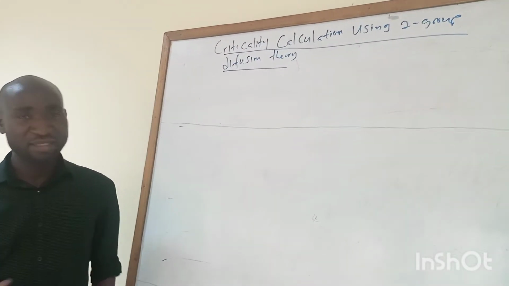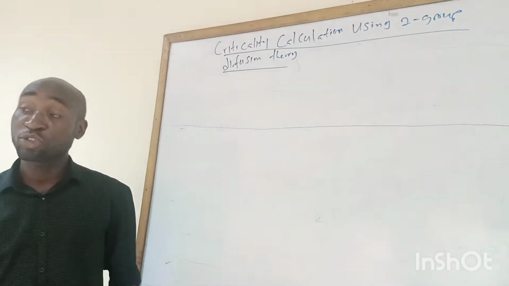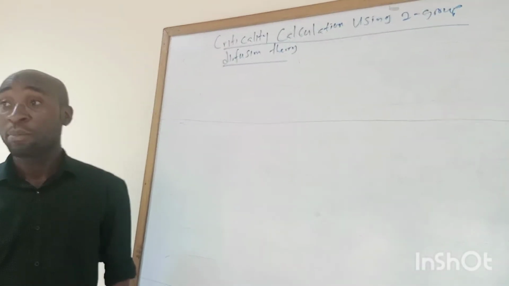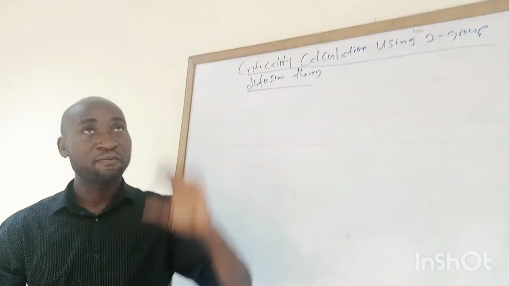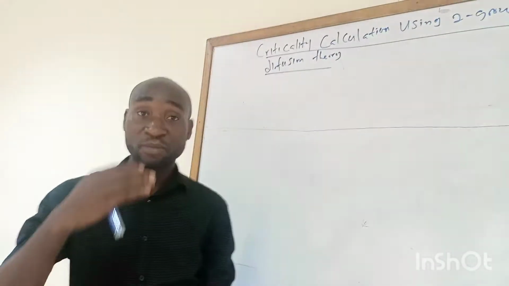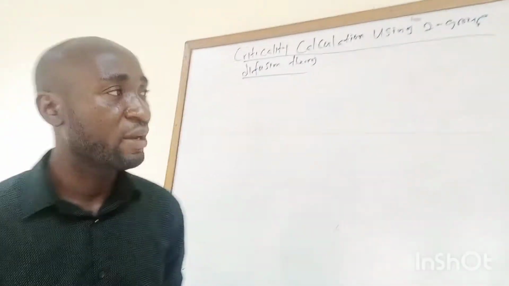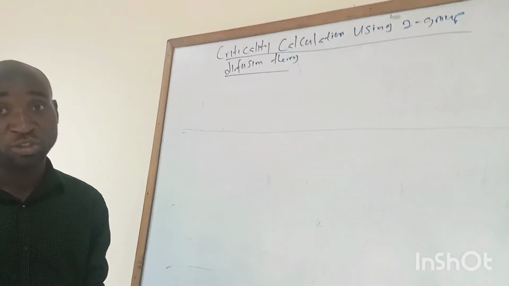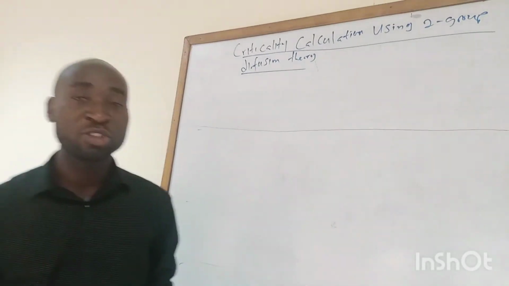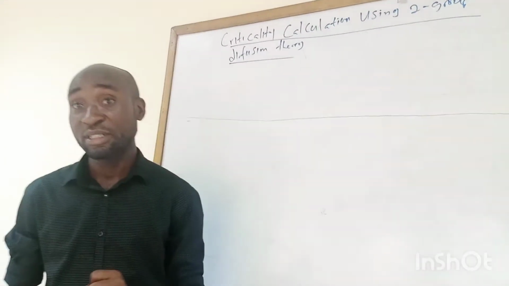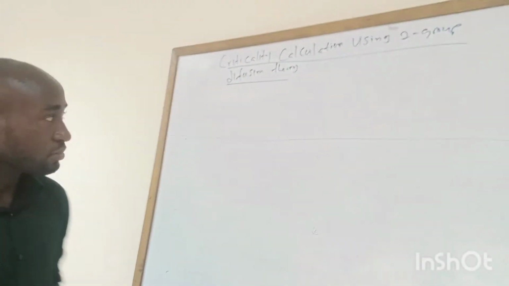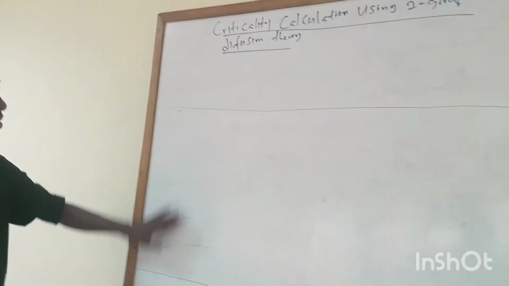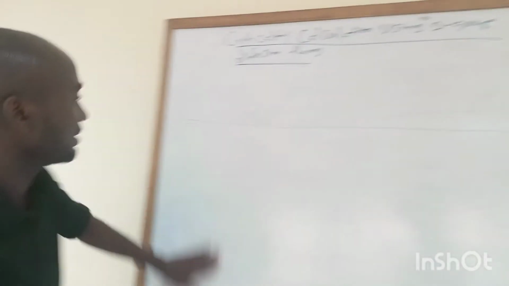But in practical terms, this is not actually true, because we have some fast neutrons and we can have some thermal neutrons. So here we are going to look at the practical approach to reactor design, which is using two-group diffusion theory to model criticality calculation. But before we start, we have to look at certain things.